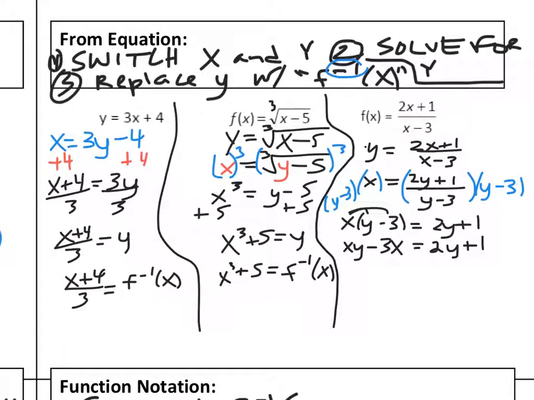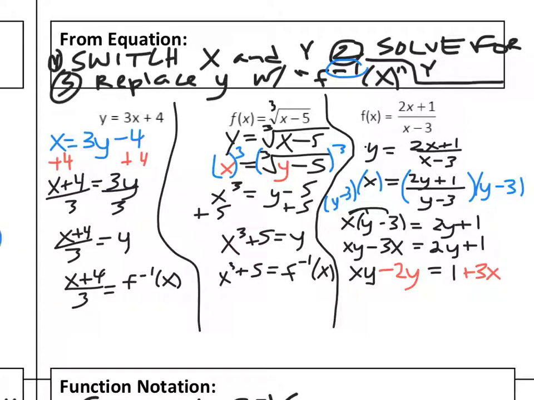We're going to move everything with y's to the left and everything that does not have a y to the right. So that means now I'm going to have xy, and then subtract the other 2y over, so minus 2y equals 1, and I'm going to move that negative 3x and it's going to become a positive 3x.